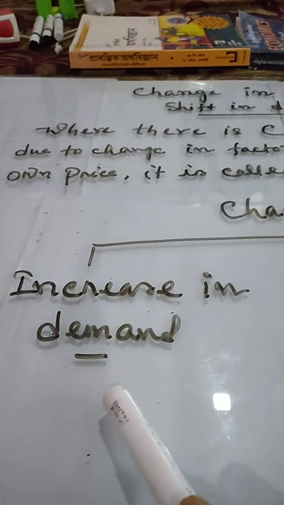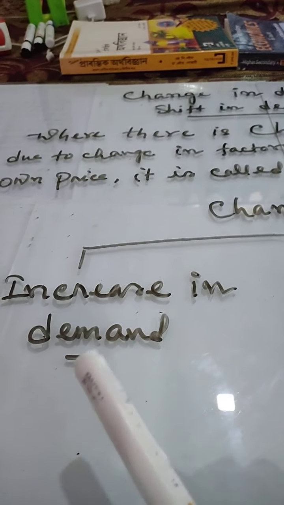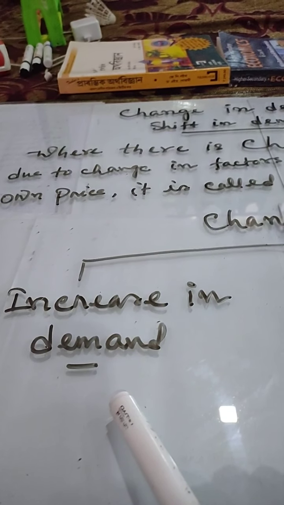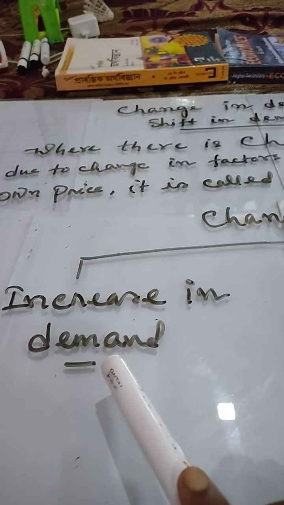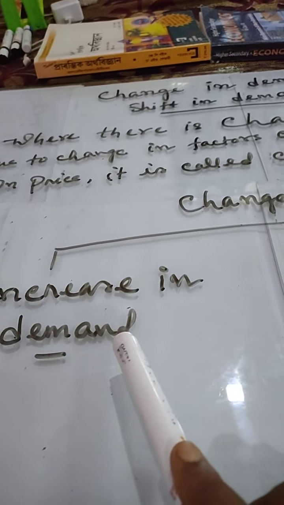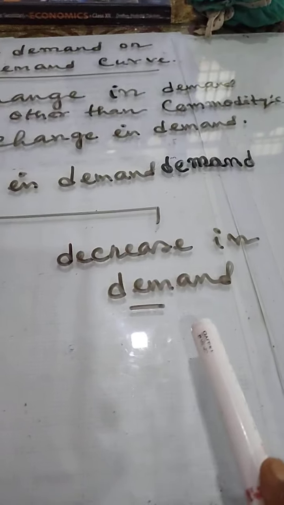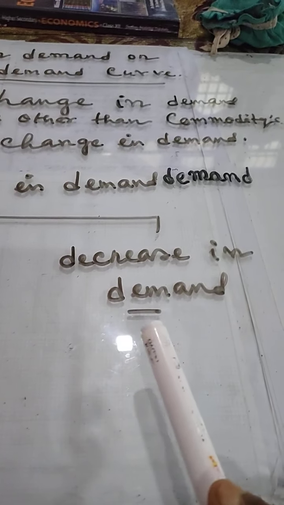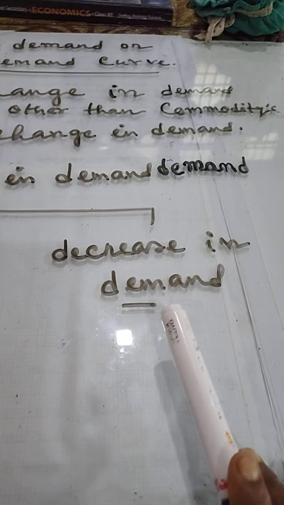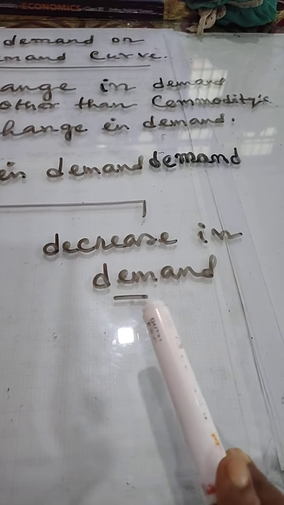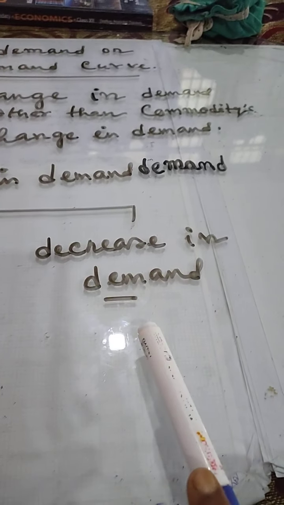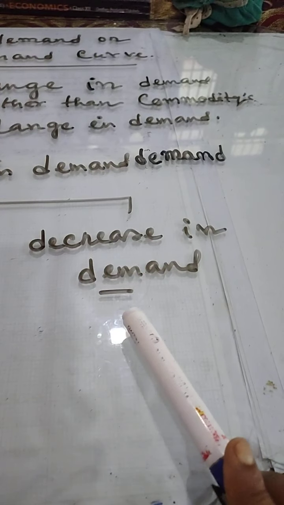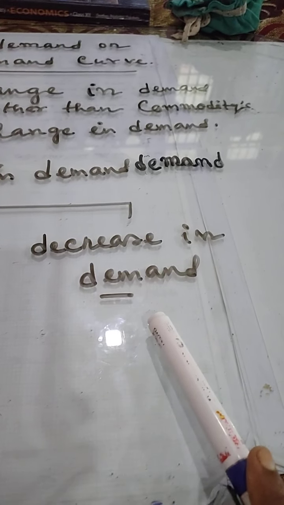That means these factors directly increase the amount of demand for the commodity, so it is called the situation of increase in demand. On the other hand, when the same factors decrease the amount of demand, it is called decrease in demand.